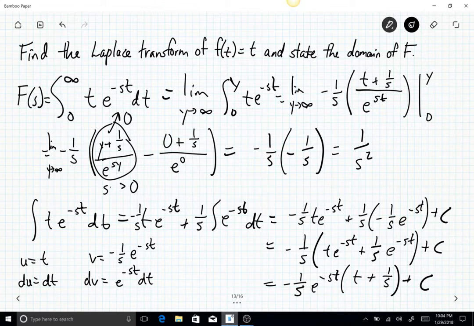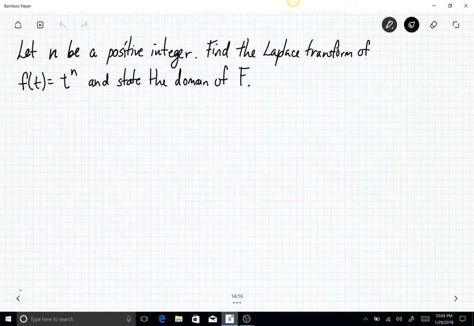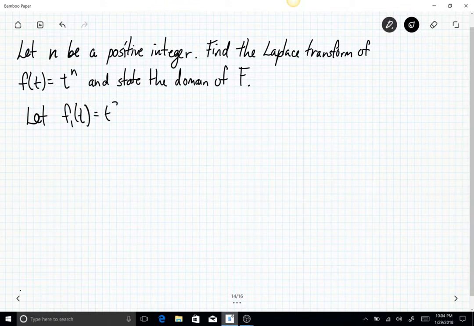This is where your homework stopped, but extending further, where does this go? Well, you can actually generalize this to some t to the n. My recommendation would be to look at, first off, let f1 of t equal t squared. And then in that case, f of s equals, and you can check this out, the integral from 0 to infinity of t squared e to the negative st dt.